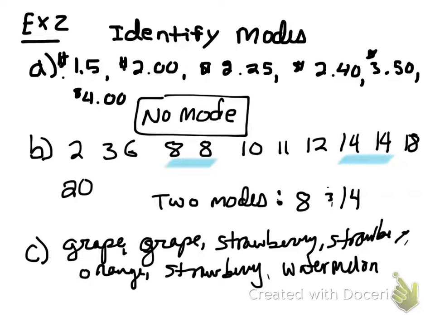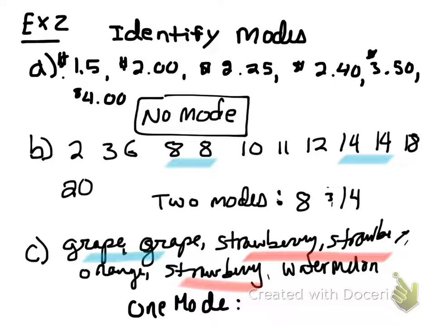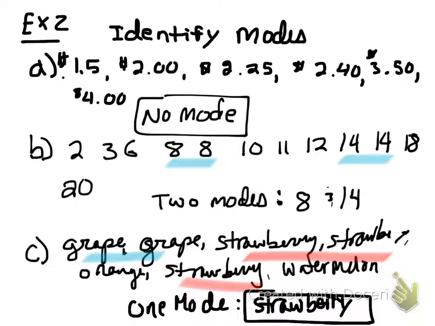Out of this list, grape and grape repeat more than once, but strawberry, strawberry, strawberry, we have 3 strawberries. Therefore, we have only one mode, and that is strawberry, because strawberry is the word that occurs the most often out of this entire list.